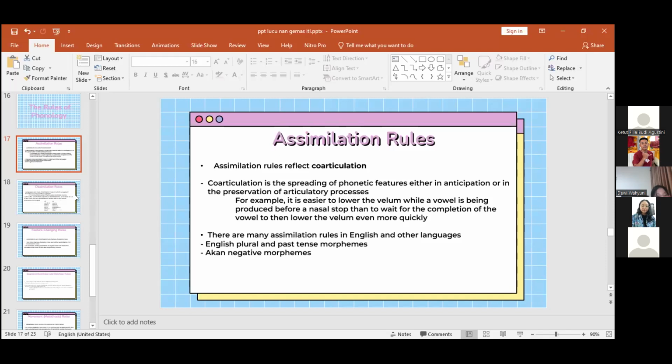For example, it is easier to lower the velum while a vowel is being produced before a nasal stop than to wait for the completion of the vowel to then lower the velum even more quickly. There are many assimilation rules in English and other languages. There are English plural and past tense morphemes and negative morphemes. Next.